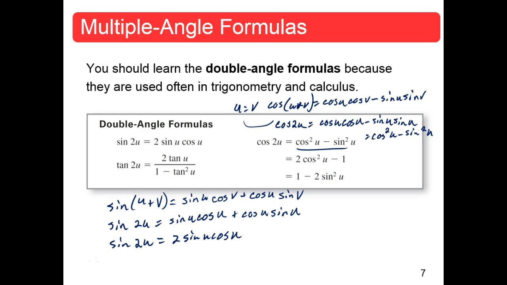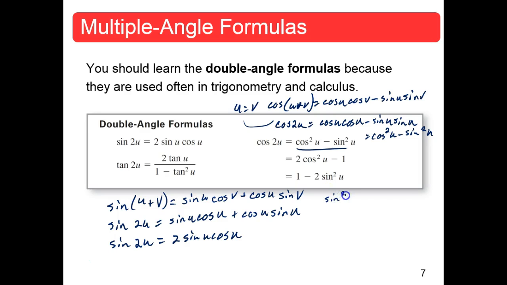Okay? But they've got two others. Now, where did they get those? Can you tell me another definition for sine squared? Think Pythagorean theorem. The Pythagorean identities.